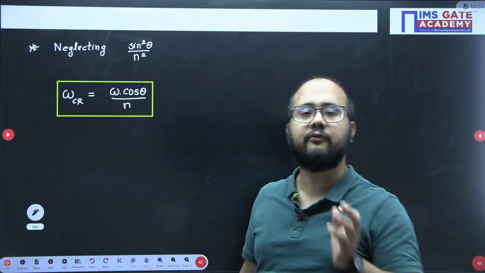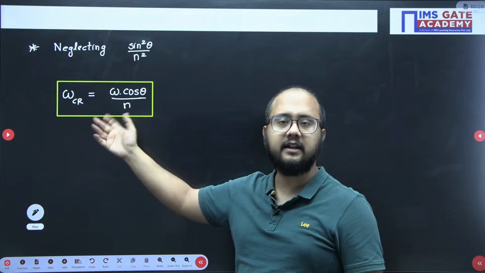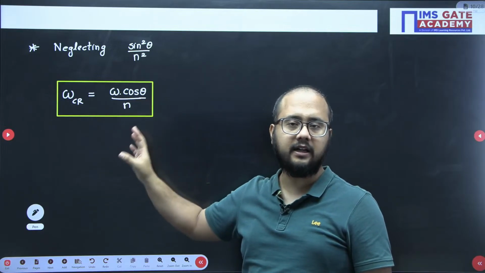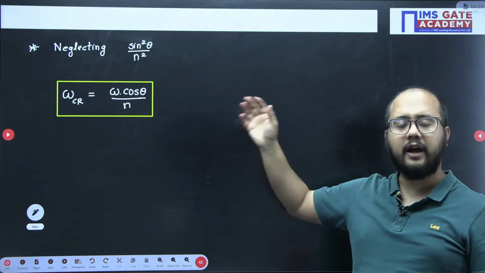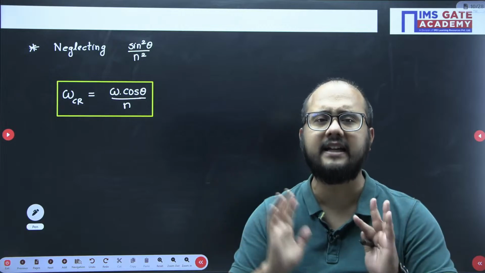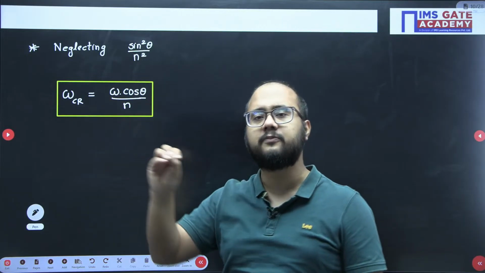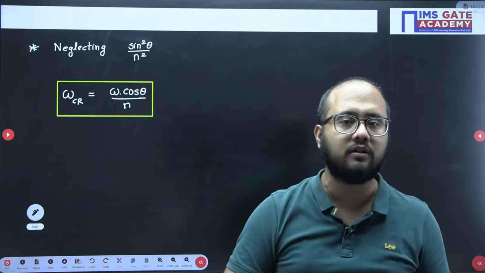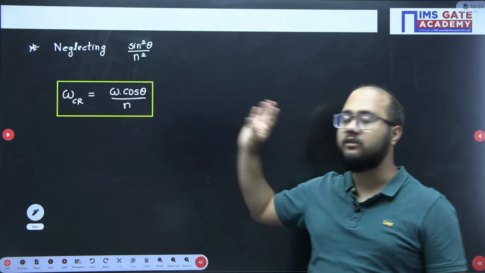But first you have to differentiate with respect to theta, and then multiply by d theta by dt. So we will get the angular acceleration of connecting rod also. That part I will leave to you. That is very easy. So if a question comes, directly you can use this relation.